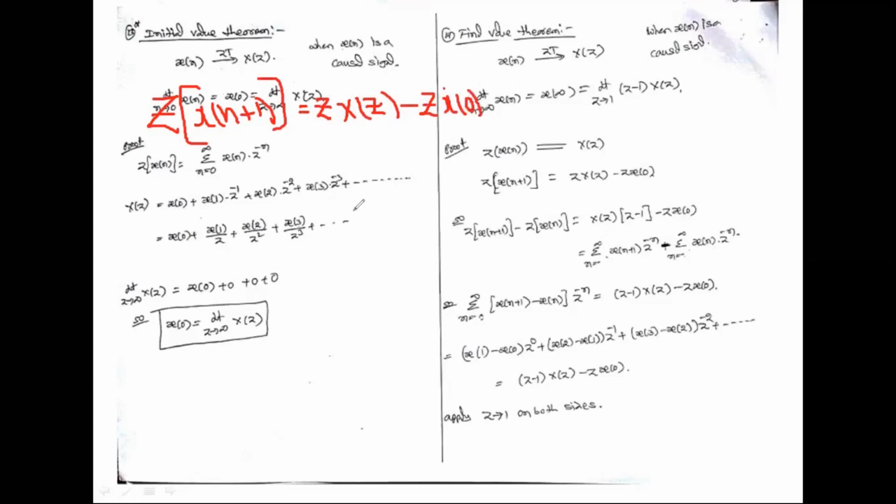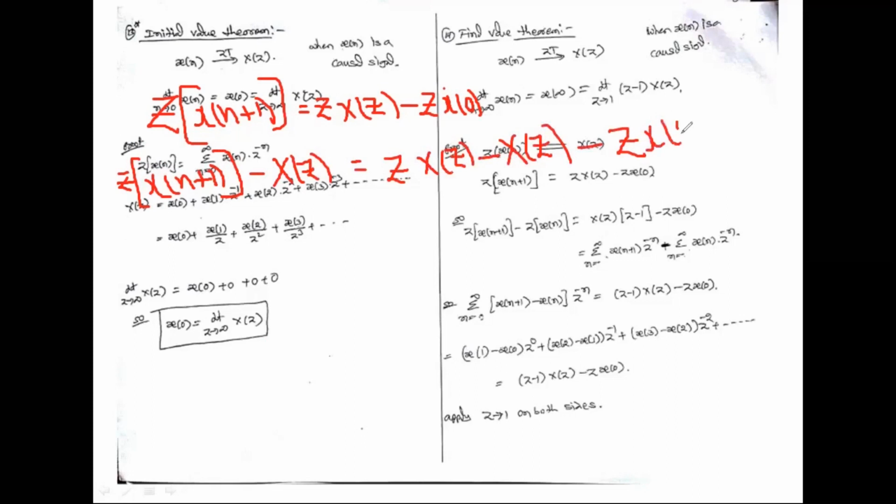So what I am doing here is subtracting x of z on the left hand side: z of x of z minus x of z minus z into x of 0.